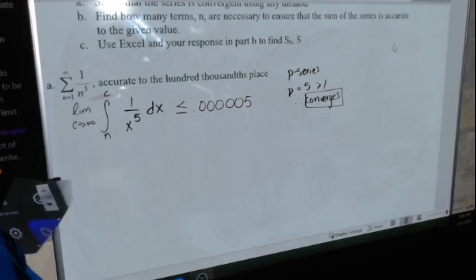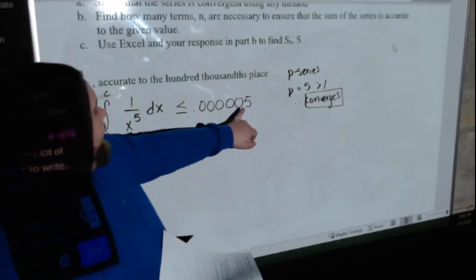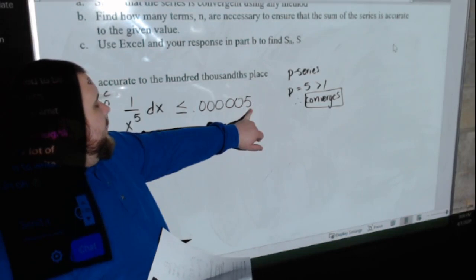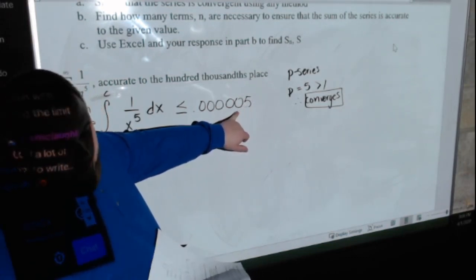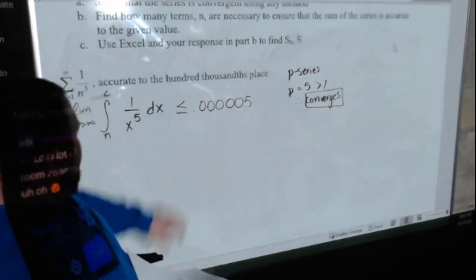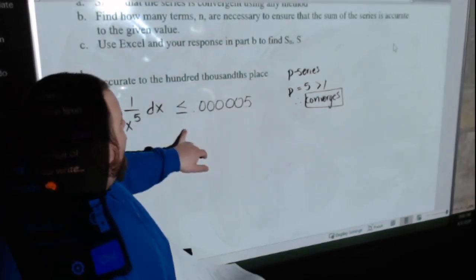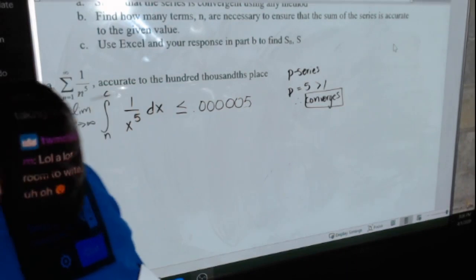The reason for that is, if I'm trying to make it accurate to this place, a 5 in the next place tells me to round up. So whatever it tells you, go one more place, put a 5.